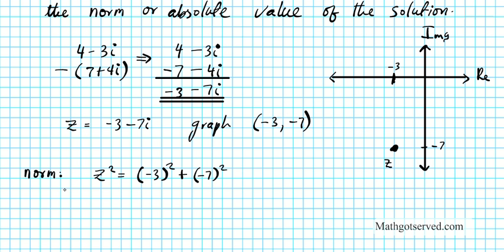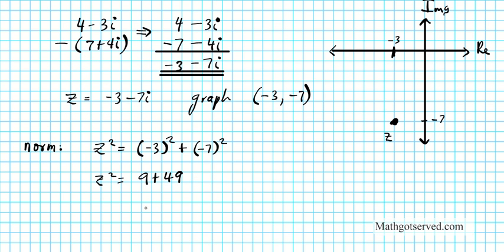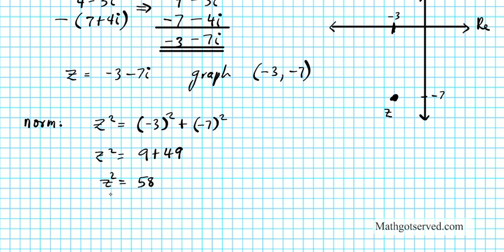So z squared equals 9 plus 49, which is 58. To get the absolute value of the complex number, we take the square root of both sides. That gives us the absolute value of z equals root 58.